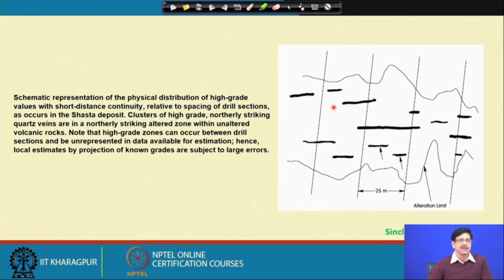So these three examples in succession give us an idea of what exactly is meant by the geologic continuity of the ore body, and how the geology, in terms of the nature of mineralization and the presence of pre- and post-mineralization structures, is important in this process and how it affects the mineral inventory estimation.